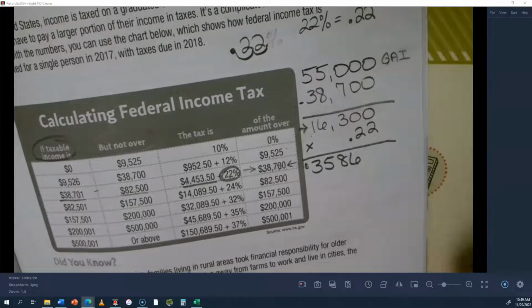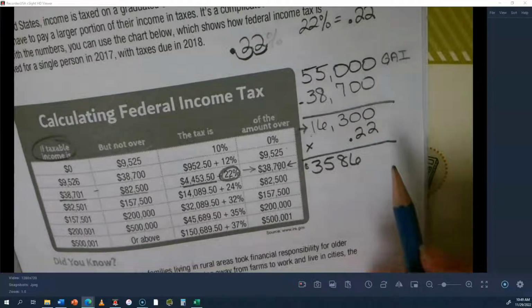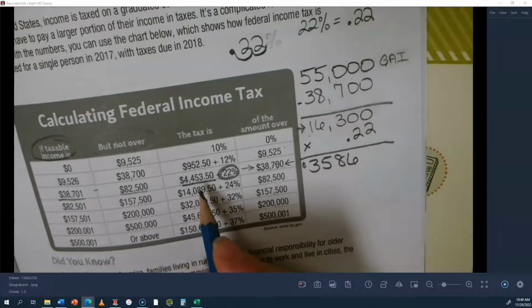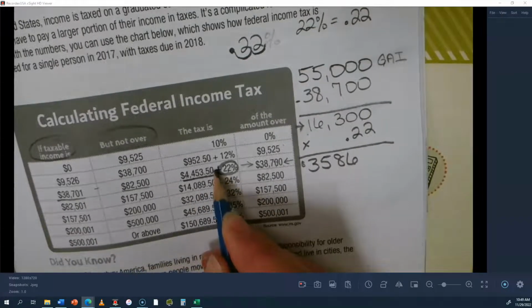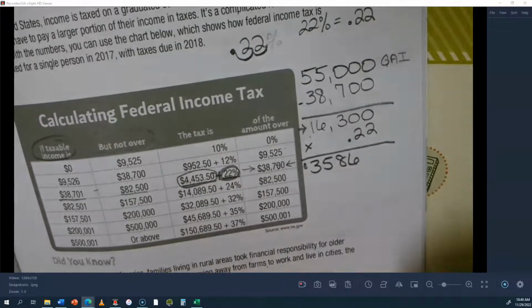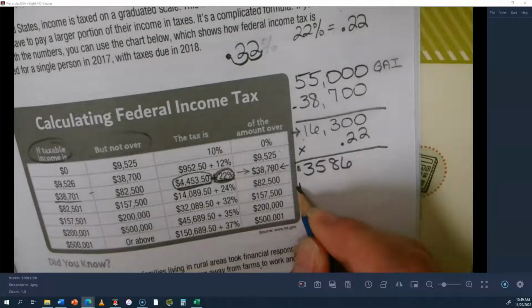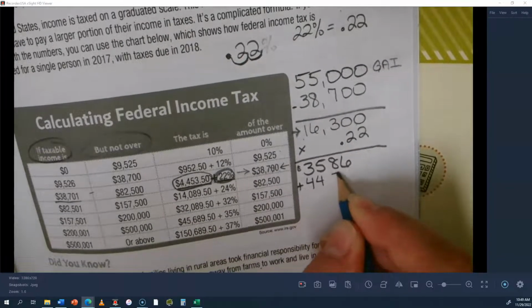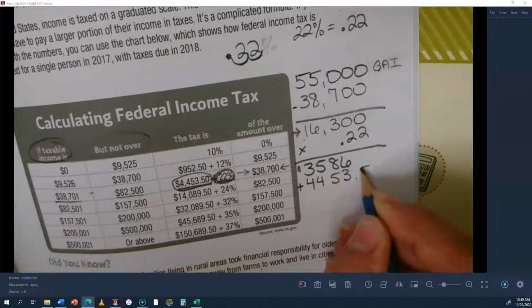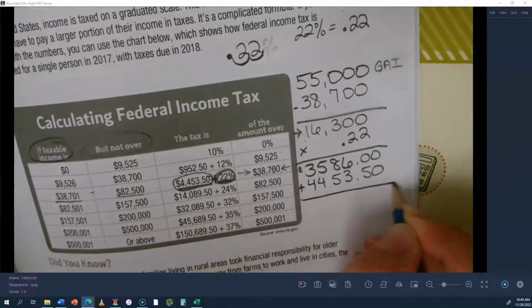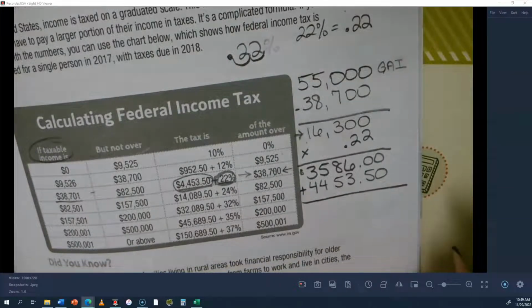All right, got there. Now, the next step is to add this amount to the number that I just came up with. So I'm going to take 3,586 plus 4,453.50. And remember, we are going to have decimal points. We're looking at money.